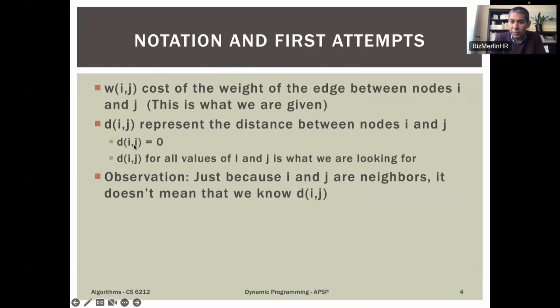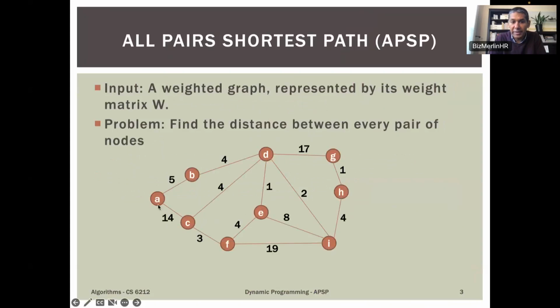There's no distance from the node to itself, but what we're trying to find is dij. One of the first observations is that if i and j are neighbors, that doesn't mean we know dij. Just like in this case, between A and C, they're neighbors. wij is known, but dij is not known. So we still have to find it, right?